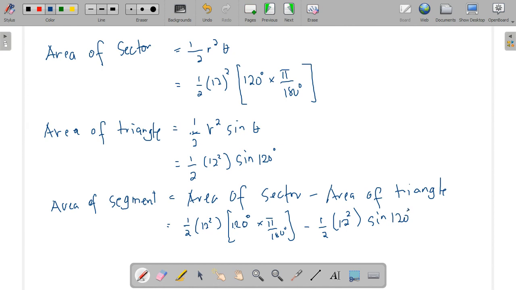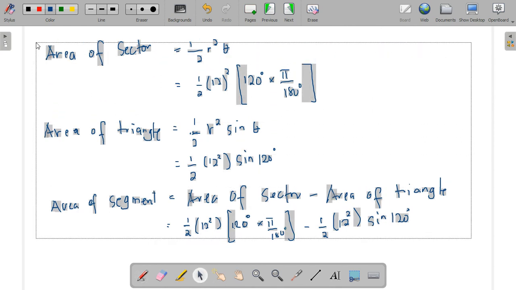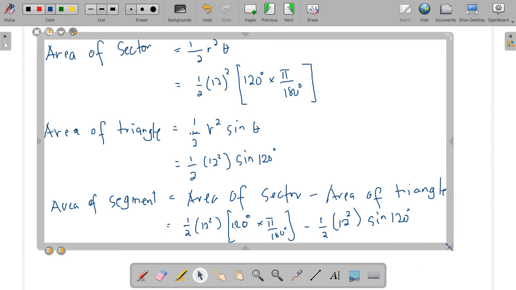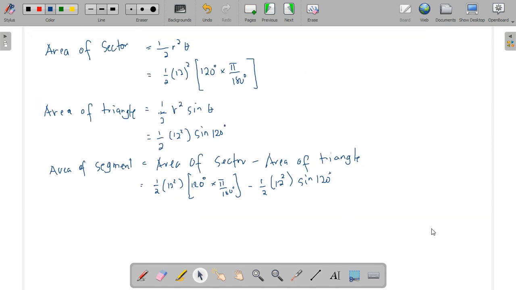Now, if you're going to plug in your calculator, no, you can do it smaller here. Okay, so you can get area of a segment, area of the smaller segment is equal to 88.45 centimeters squared.